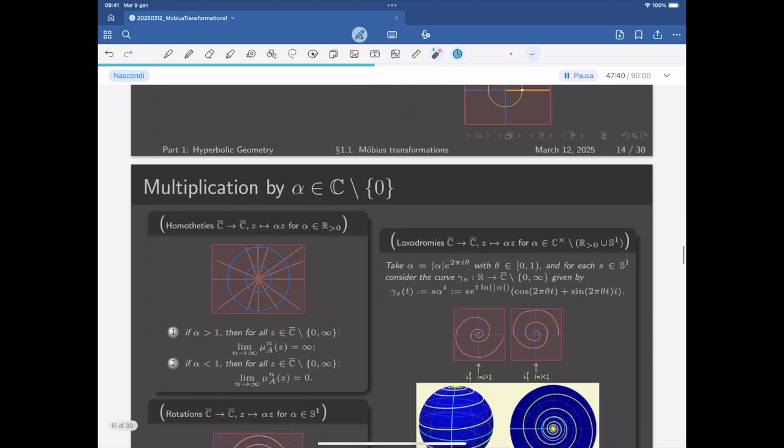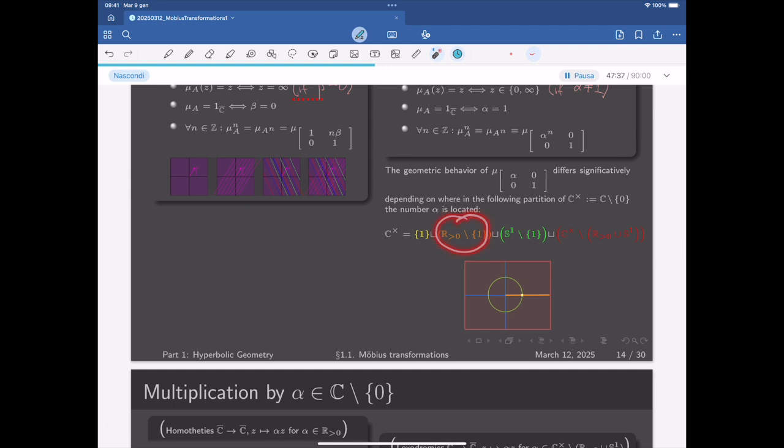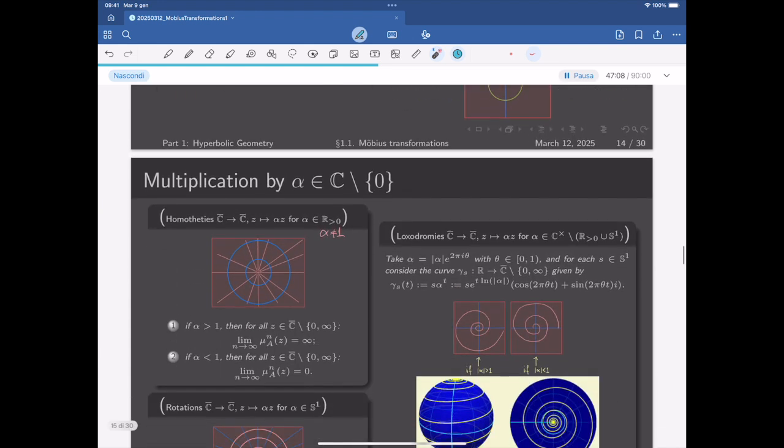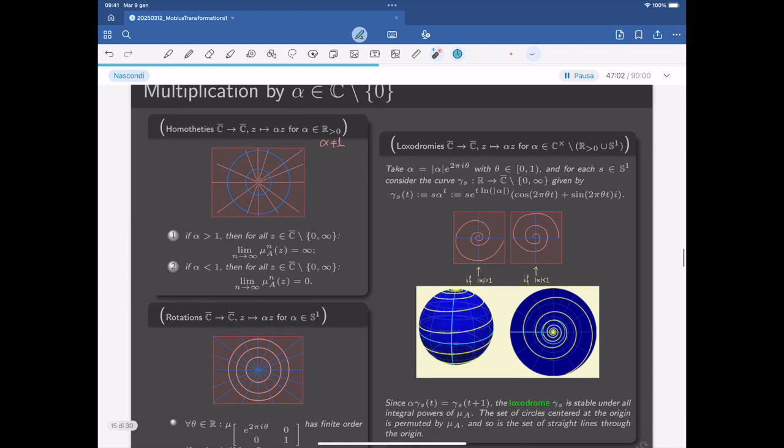So let's start with this one, which is multiplication by some positive real number, different from 1. I'm going to start also with obvious observations.